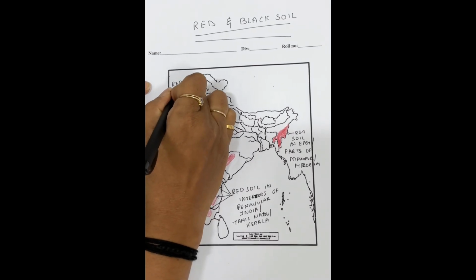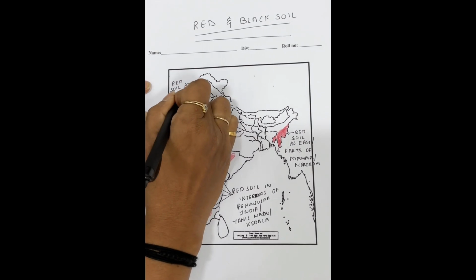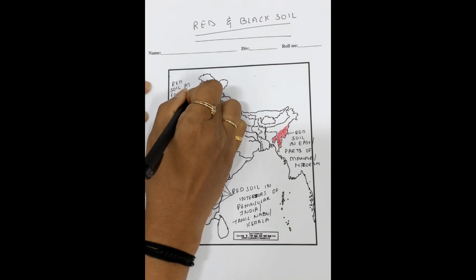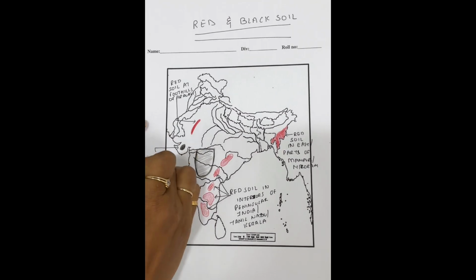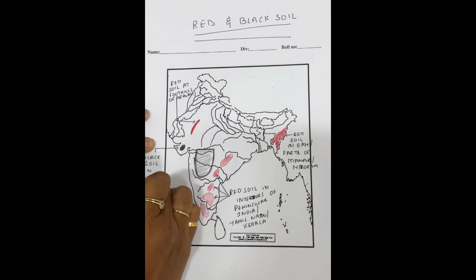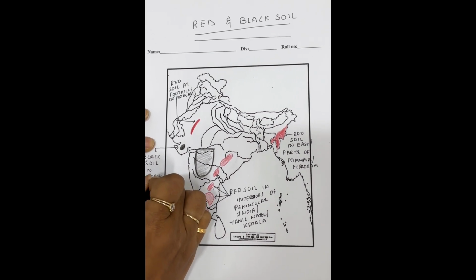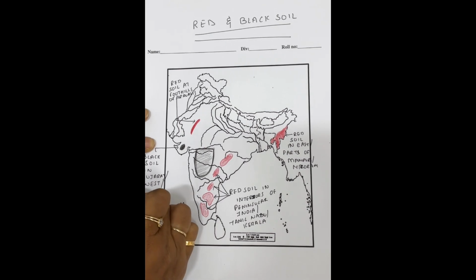Now this is your red soil rich region at foothills of Aravallis. This is your black soil area in Gujarat, or I can also say in west of India, which is a part of Kathiawar.